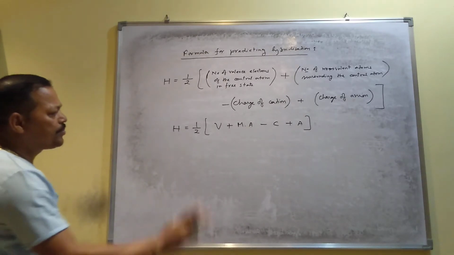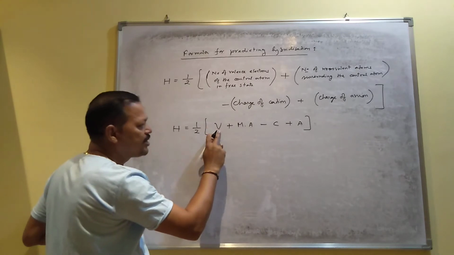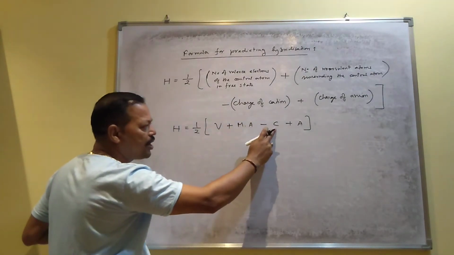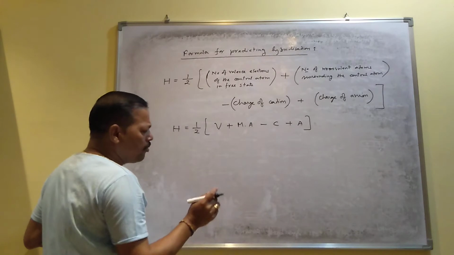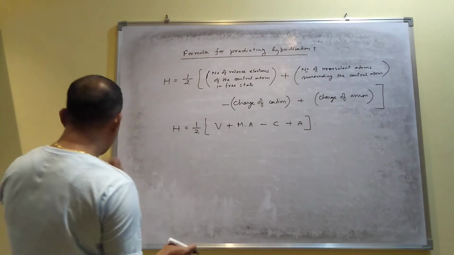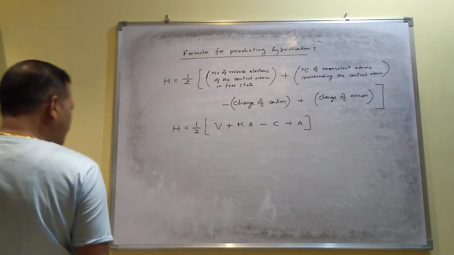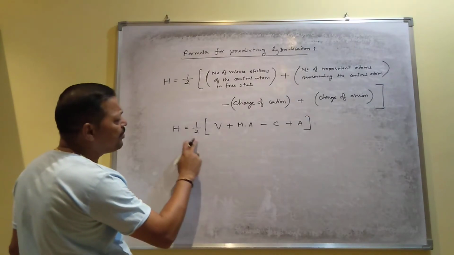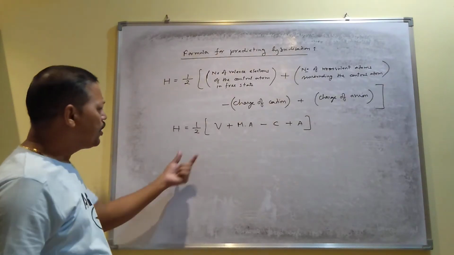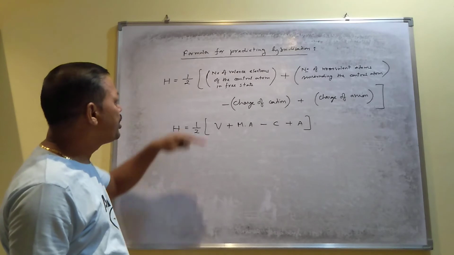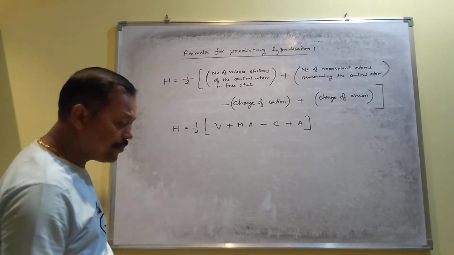Now, after putting the value of valence electron, monovalent atom, charge of cation, charge of anion, you will get the value of H, and from the value of H you can find out the type of hybridization.